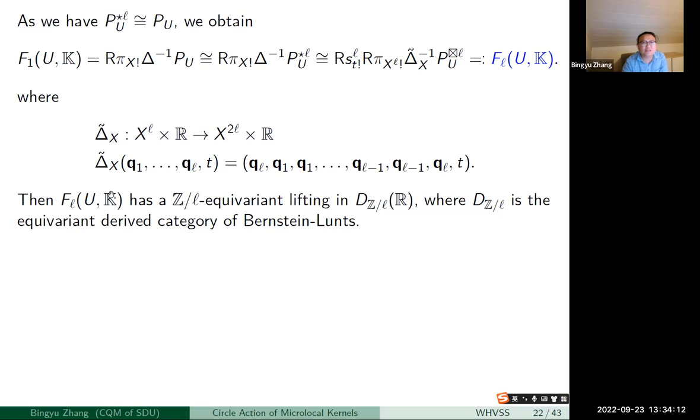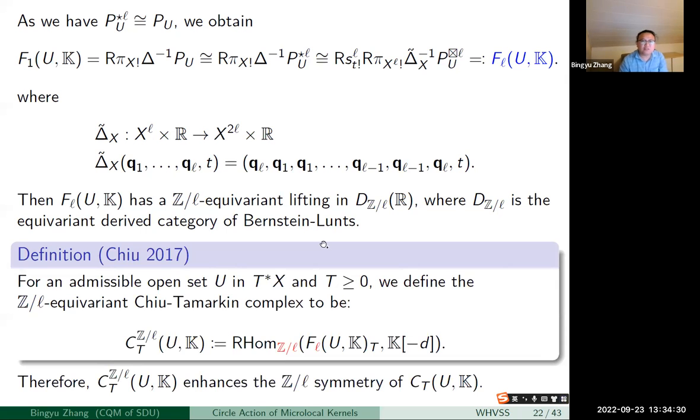Since we have several external copies of PU, we can lift it to a Z mod L equivariant derived category. That's okay. This is the original definition of true. It means nothing, we just enhance the Z mod L symmetry with the non-equivariant one in this way.